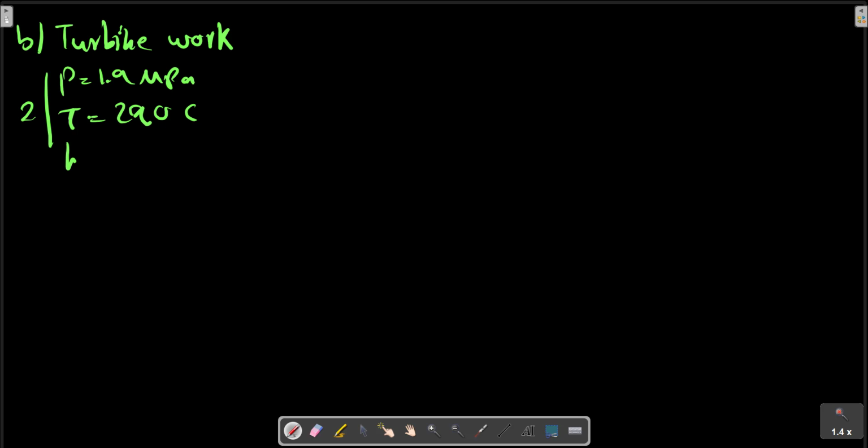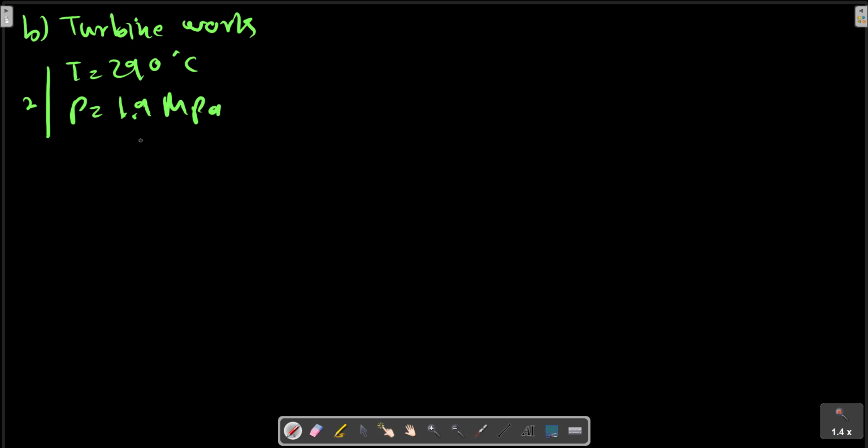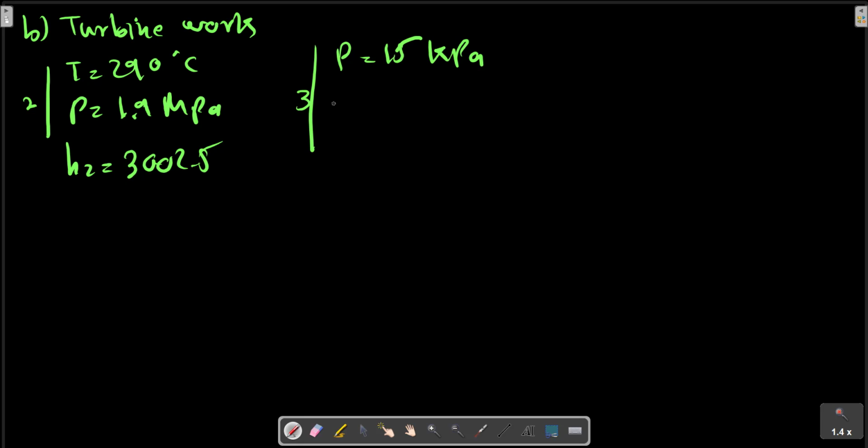We also extracted H for point 2 from table B3. For point 3, we have the information in the problem: pressure and quality is 90%.